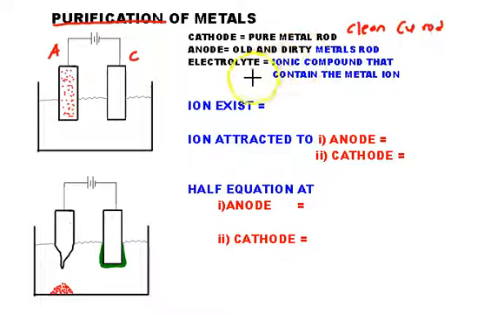And you have a very old dirty copper rod, which will be placed at the anode. Since we have selected copper, make sure your electrolyte has something to do with copper, like copper nitrate or copper sulfate.